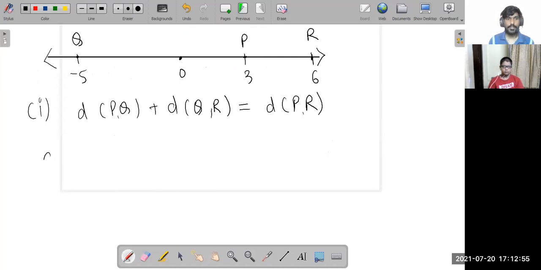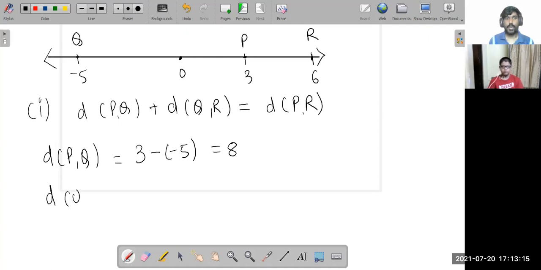First, let's find out distance PQ. So how will you find out distance PQ? It will be 3 minus -5, which is 8. Then find out distance QR. What will be distance QR?